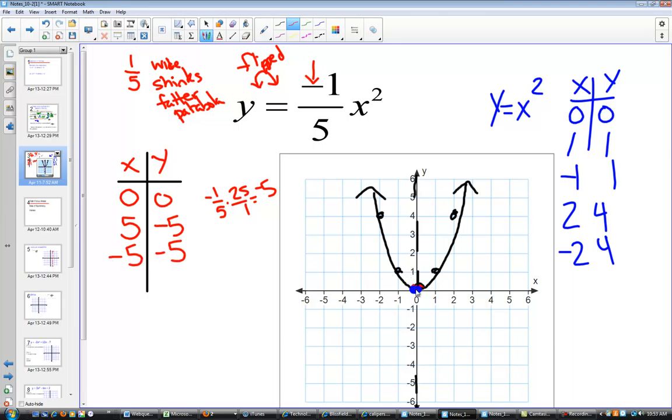So let's plot those and see what we get. 0, 0, over 5, down 5, and back 5, down 5. Let's see how well I can draw this curve. Do you see how that has been flipped? And it's also wider, or it's shrinking. It's not growing as quickly as the other one.